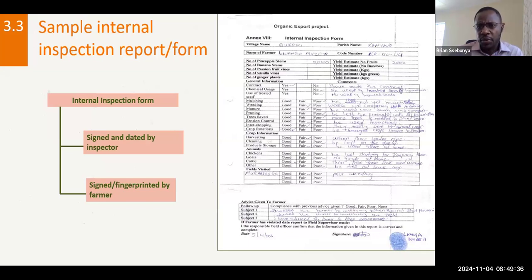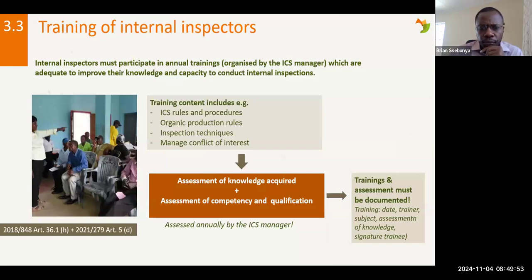This is just an example, but I'm sure most of you already have your internal inspection forms and just have to adapt any new requirements that you've seen as we go through this session.